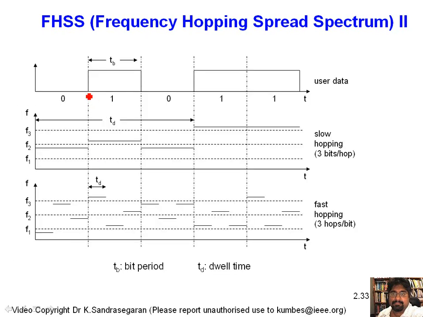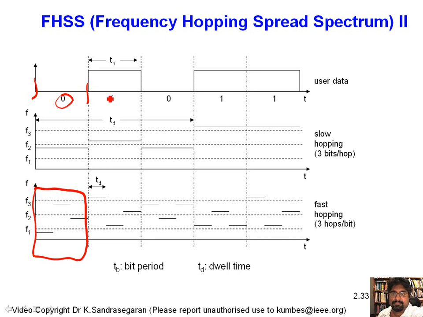Here is an example where you've got user data 0, 1, 0, 1, 1 being transmitted. In the case of fast hopping, even within one user bit, between this point and this point, you can see that you initially transmitted at frequency F1, then at frequency F3, and then at frequency F2, all for one bit.